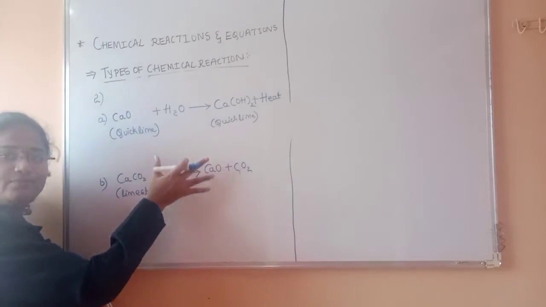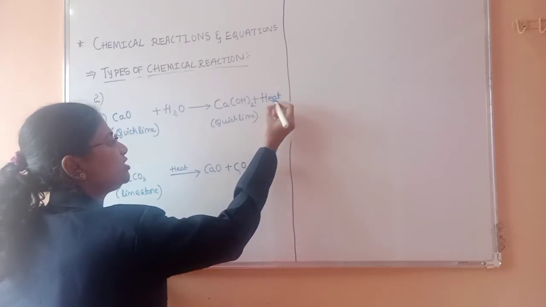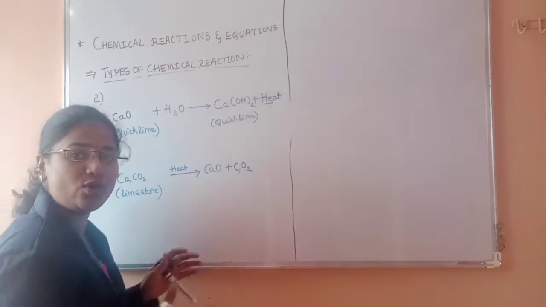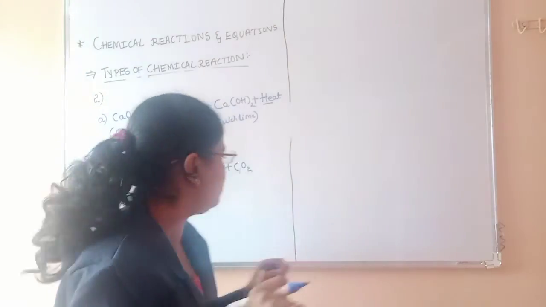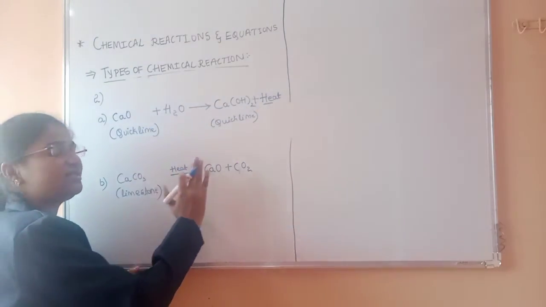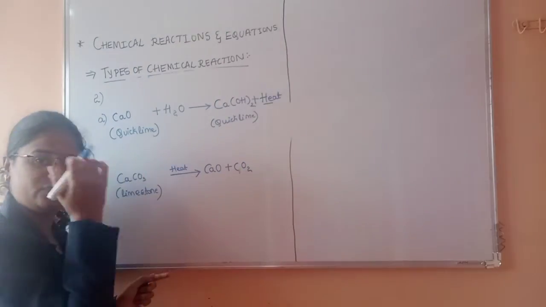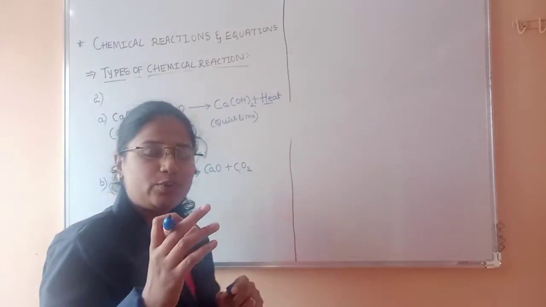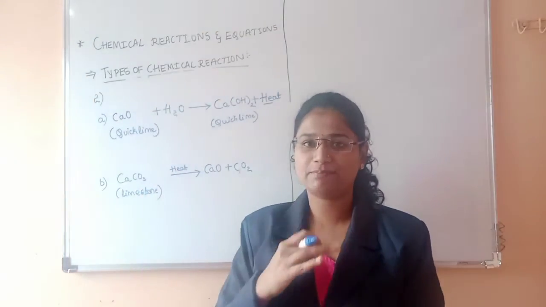When you observe both the reactions, guys, you can see that in one reaction heat is liberated or released as a byproduct. In the other reaction, heat is absorbed and then the reaction proceeds further. In one, heat is liberated, in the other, heat is absorbed.